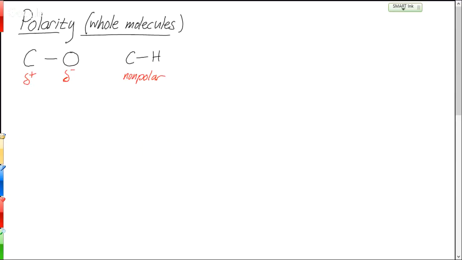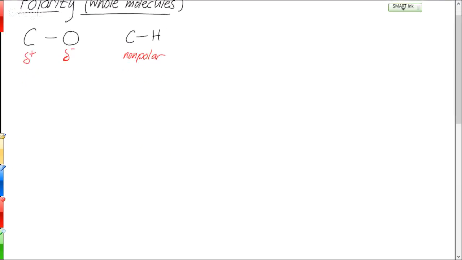So now we want to extend that to what happens if you have an entire molecule that's made up of these bonds. How do you decide if that whole molecule is going to be polar or not? So what you do, we'll start with a molecule that is made of these bonds that we just talked about. This is a molecule called formaldehyde.